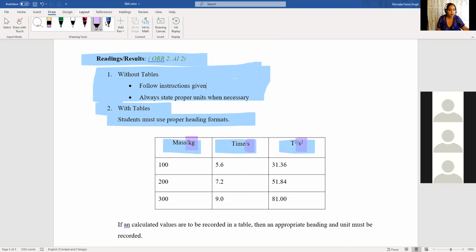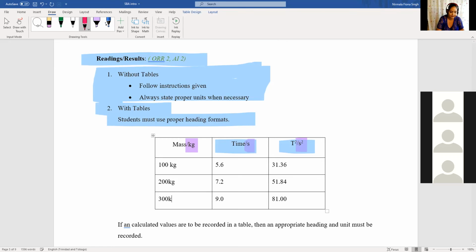And when you record your unit at the top row, you do not need to write kilogram throughout. You don't need to do that again because it's recorded at the top. So don't say, well, mass was in kilograms, and write 100 kilograms, 200 kilograms.